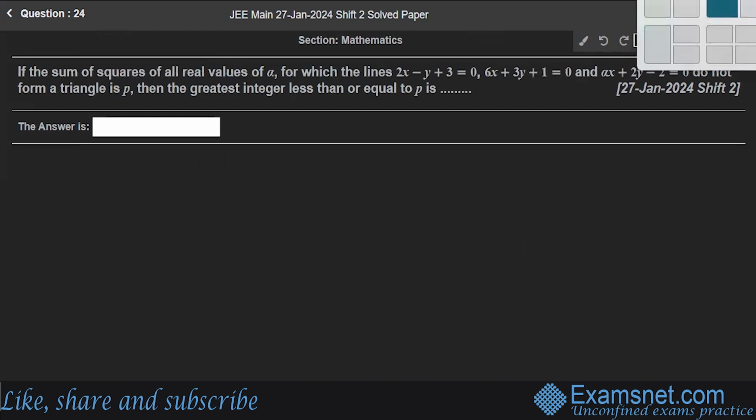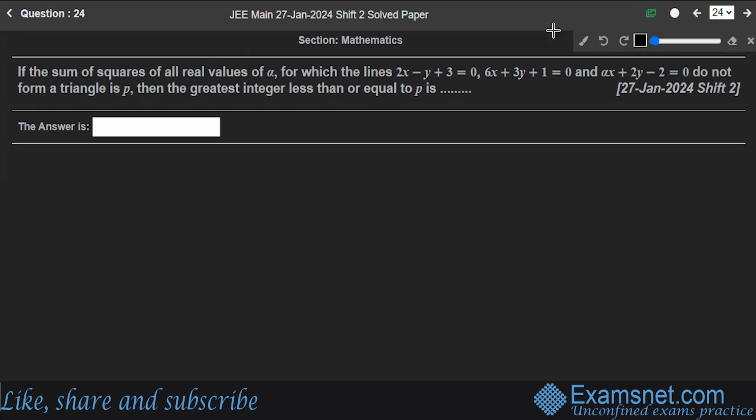Next is question number 24. The sum of squares of all real values of alpha for which these three lines do not form a triangle is P. Then the greatest integer less than or equal to P is asked.